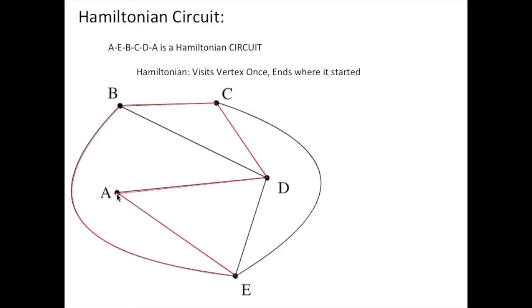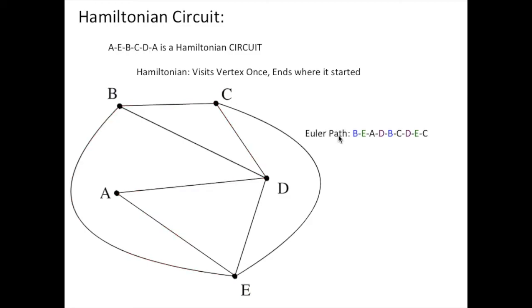We've started at the A and we ended at the A. So it's not really the same as revisiting a point. It's a little bit different. So that's why it's allowable. That's why a Hamiltonian circuit is still Hamiltonian, even though we have the same vertex at the beginning and the end. You can't visit that vertex any other time or any other vertex any other time. You can only have one representation of each vertex.